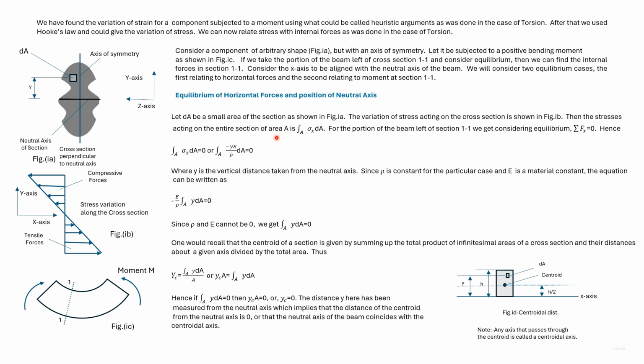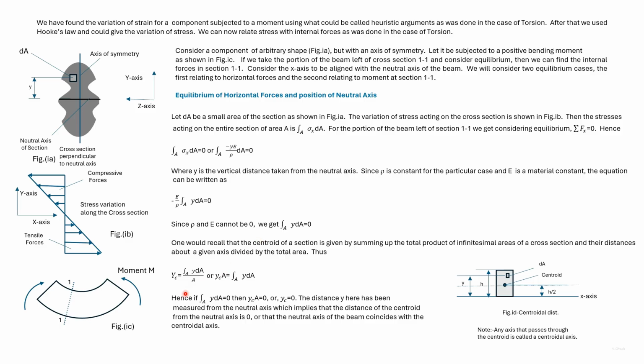Now here the Young's modulus and rho are constants, so the equation can be written as minus E divided by rho integration y dA over the area A is equal to 0. E and rho cannot be 0, so integration y dA over the entire cross section has to be 0.